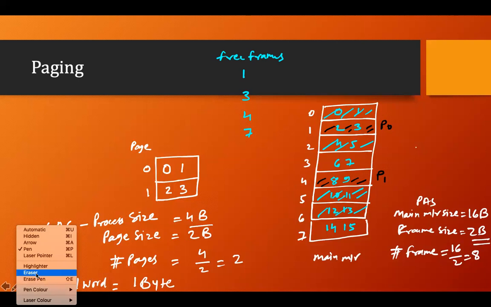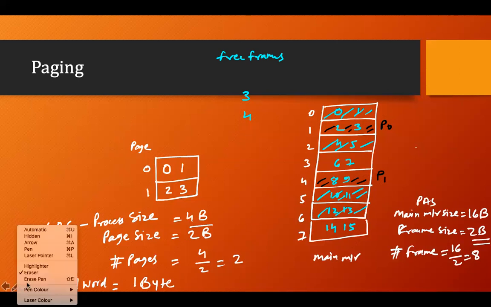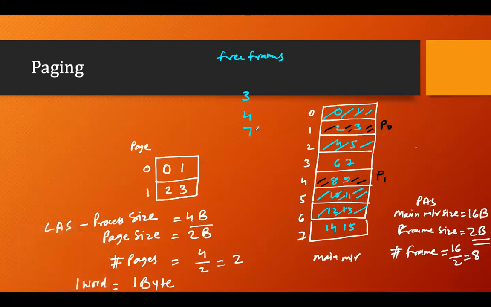The free frames will be frame number 3 and frame number 7. Frame number 4 is occupied, so 3 and 7 are free.